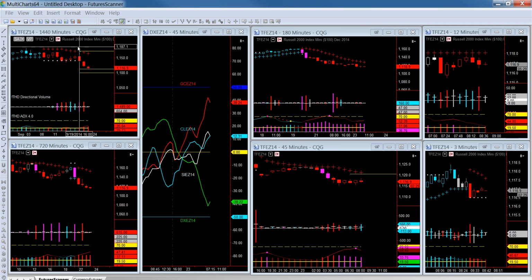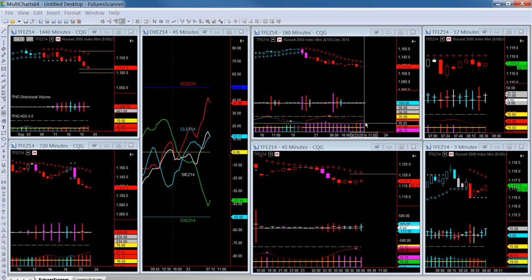All right, on the Russell, you are coming down. You are approaching a zone on the daily, just something to be aware of. You're not overextended here. You do have a retracement coming in here, okay? Actually, if you wanted to enter that because you've had the magenta peak, this would have been your entry.